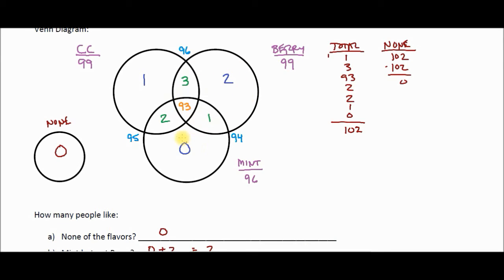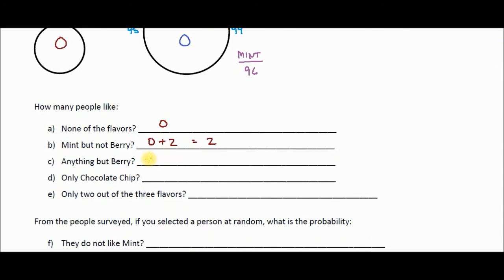Anything but berry is just these numbers right here. 1, 2, and 0. These like chocolate chip and not berry. These like chocolate chip and mint and not berry. These like mint and not berry. So it's 1 plus 2 plus 0. And that means 3 people like anything but berry.